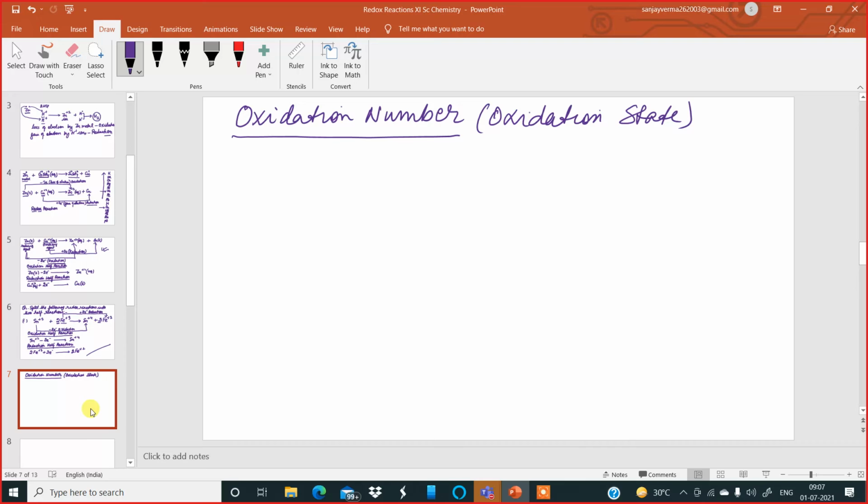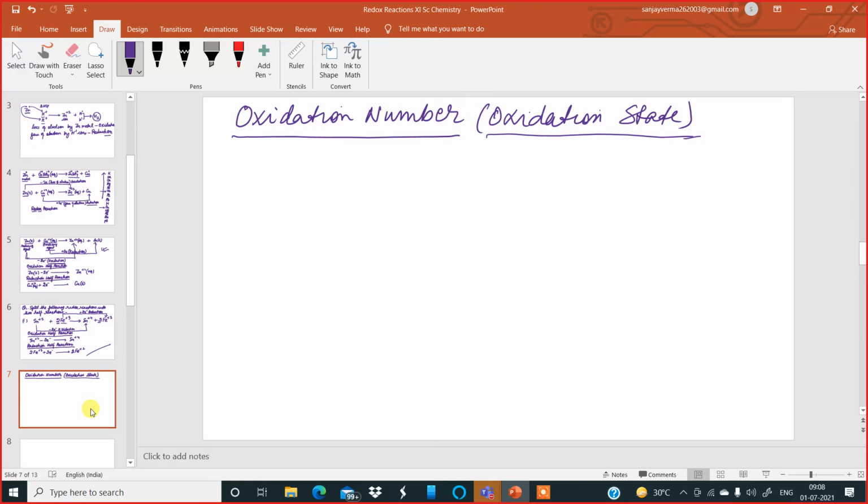So that's how we have a new definition today for all of you. Listen to it carefully. No need to write it down. Oxidation number or oxidation state is defined as the charge that the atom appears to have.